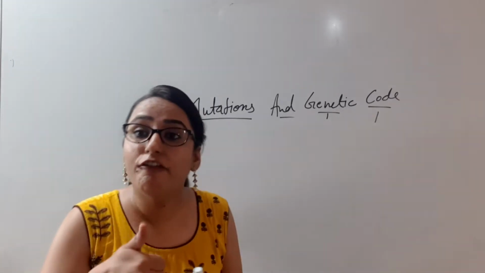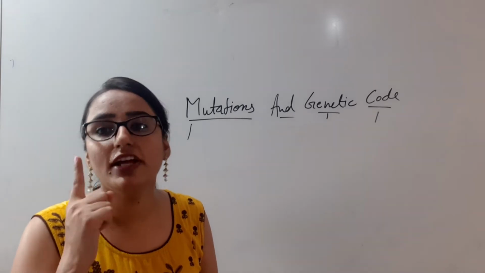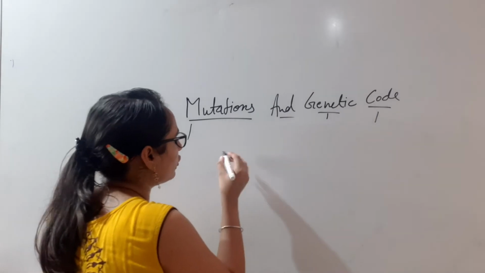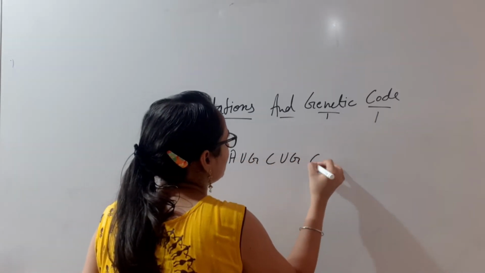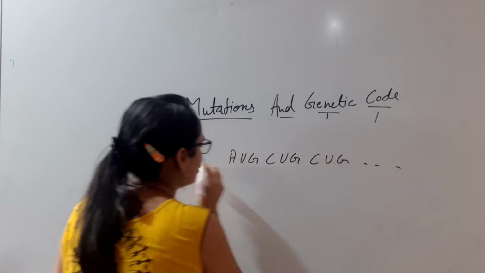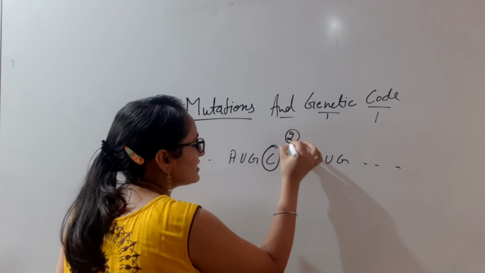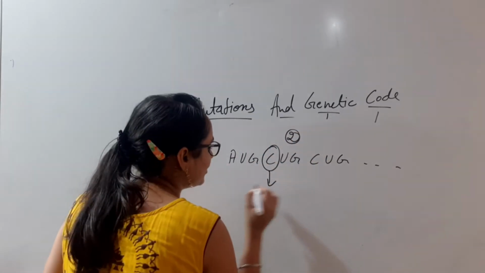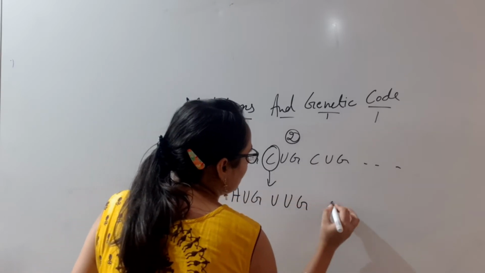Point means one nucleotide. So point mutation basically occurs at a particular nucleotide, at only one nucleotide. Okay, so suppose there is a codon AUG, CUG, CUG and so on, and here this C that is present at the first position of the second codon will get changed to the U. So AUG, UUG, CUG.